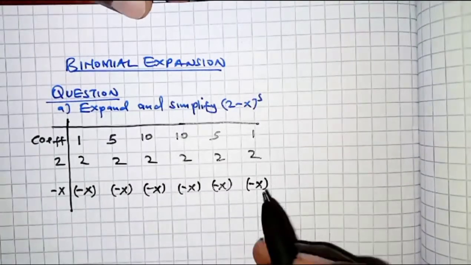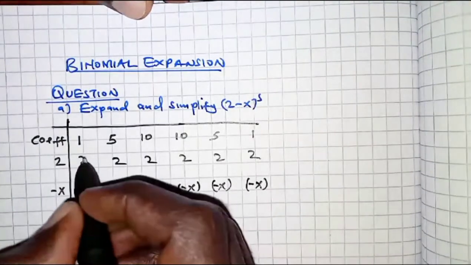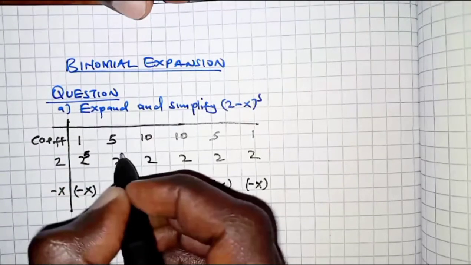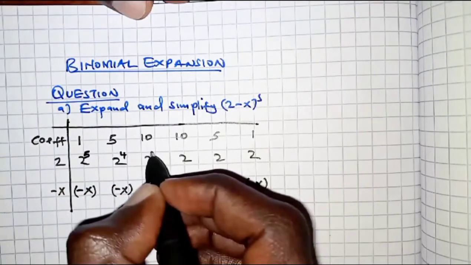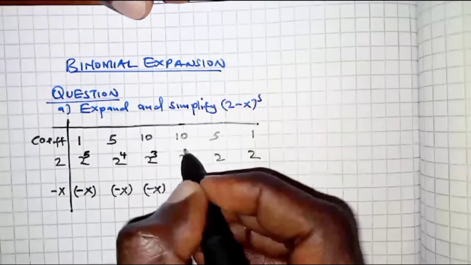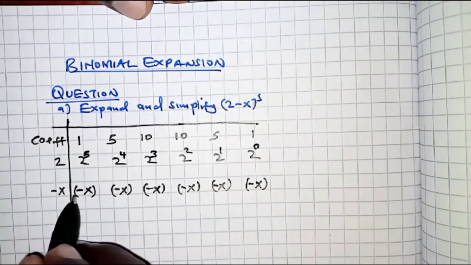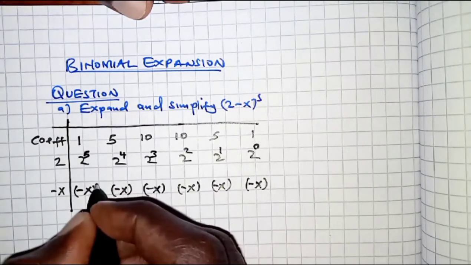Then for the 2's we'll introduce the powers, and the powers will decrease across. And for negative x, we'll have the powers increasing across.